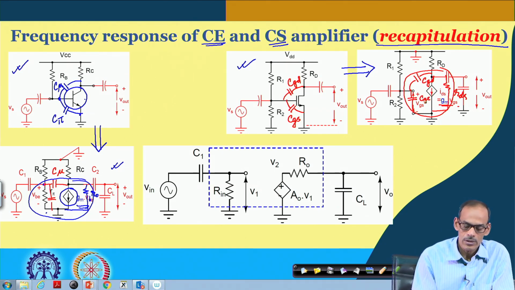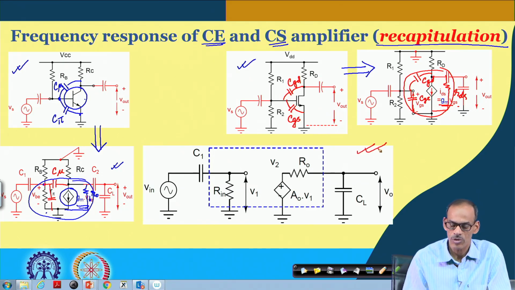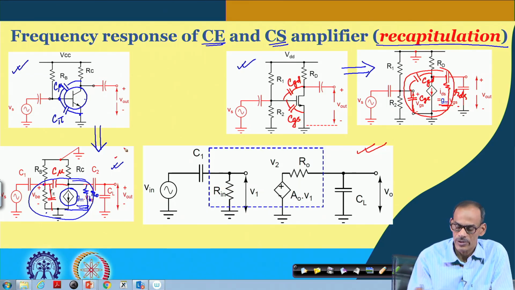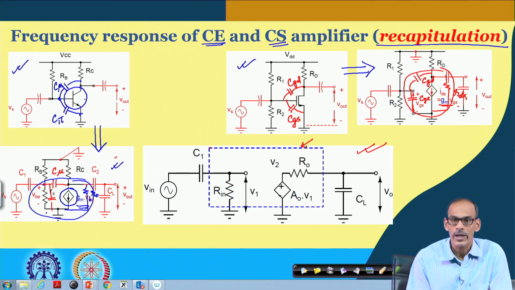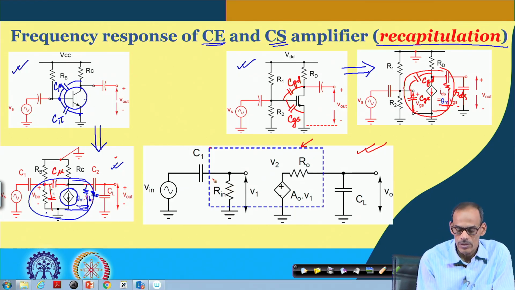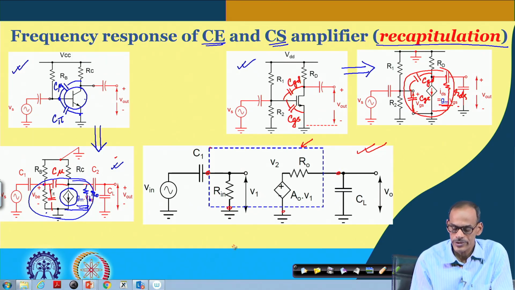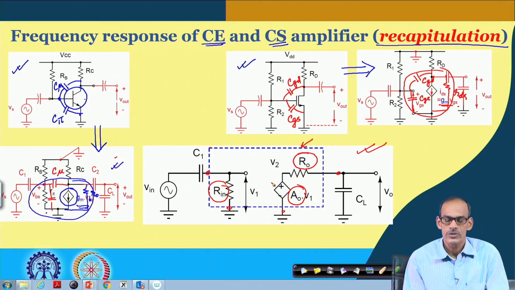Now, here we have the generalized model of the two amplifiers, namely the common emitter amplifier and the common source amplifier. The dotted portion is the macro model of the voltage amplifier, where this is the input port and this is the output port. Within that we have output resistance, input resistance, and also the voltage gain.